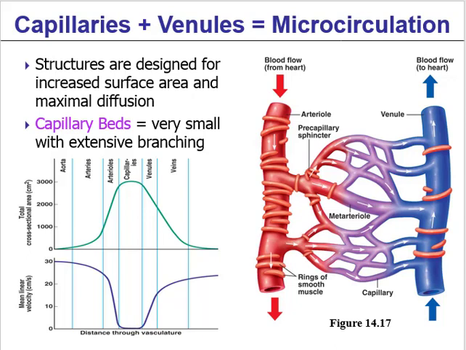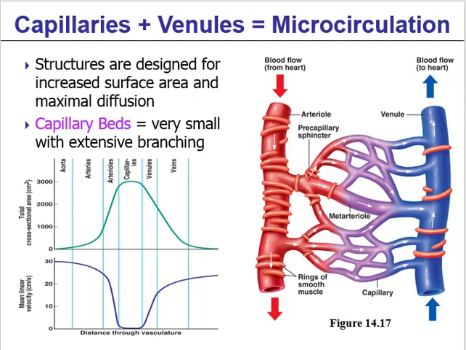This is what actually feeds the tissues. This is a very delicate, low pressure environment. If we look at these structures highlighted in purple, they're designed for increased surface area due to all that branching, and they're also thin-walled, one membrane thick, and that allows for maximal diffusion.